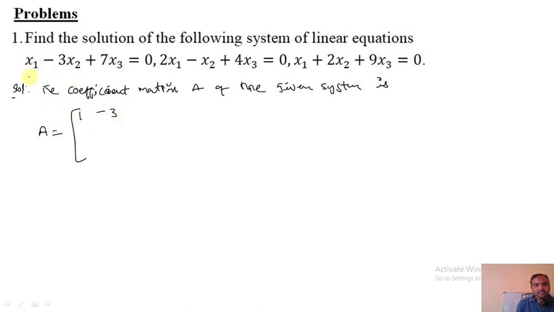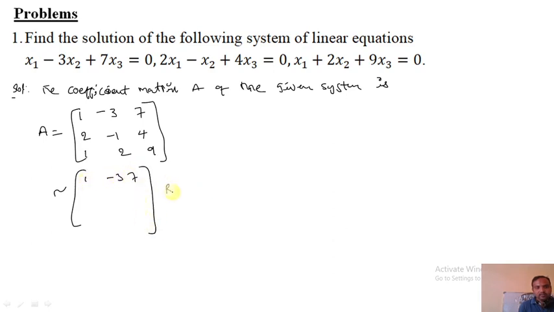Now write the coefficients of x1 in the first column, x2 in the second column, x3 in the third column: 2, minus 1, 4, 1, 2, 9. This is the coefficient matrix. Now our aim is to find the rank. That means convert to echelon form, by making the entries below the pivot 1 zero.